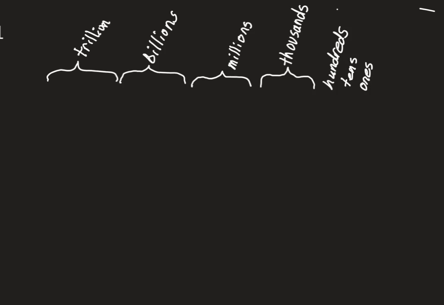Okay, so let's take a look at exactly how we name large numbers. Let's start kind of small. Let's start with this number. We read this as 547.